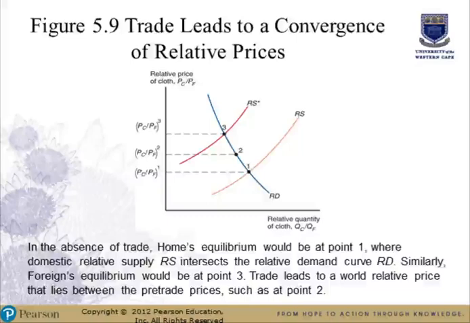In the absence of trade, home equilibrium will be at point 1 and foreign equilibrium will be at point 3. When international trade commences between home and foreign, then the relative price of cloth rises at home whilst at the same time it falls in foreign to a point where a new equilibrium world relative price is determined, say at point 2.